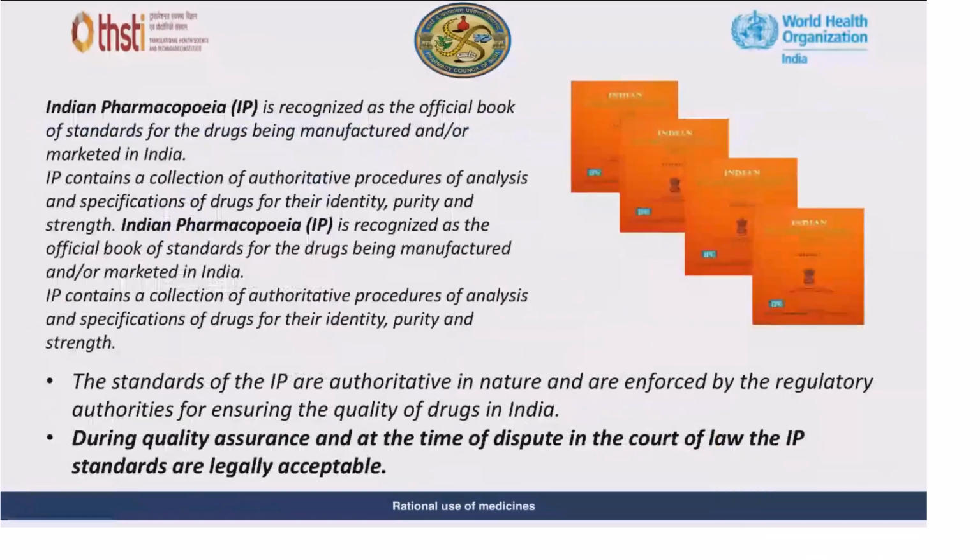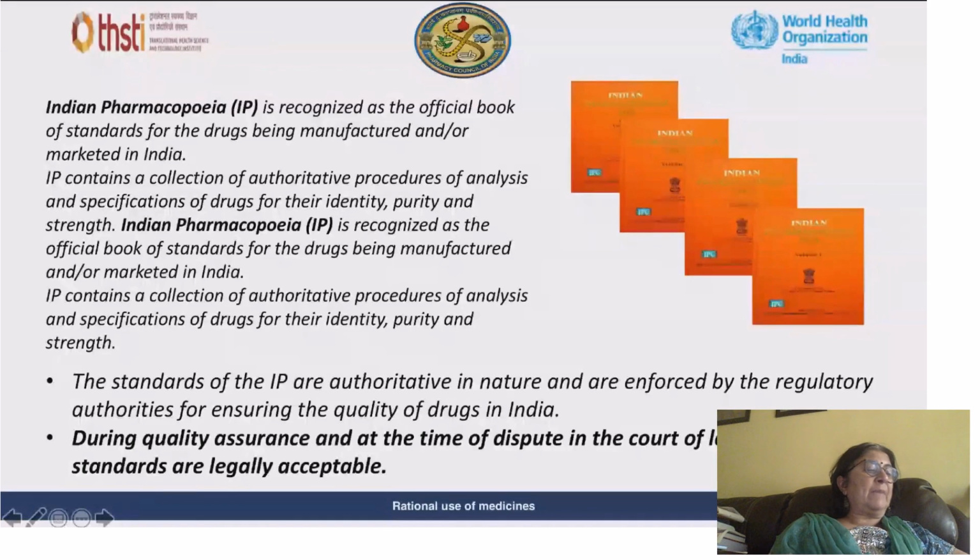We come to the Indian Pharmacopoeia Commission, which has published the Indian Pharmacopoeia. That is its main job, which is a collection of authoritative procedures for analysis and specifications of drugs, identity and purity and strength.